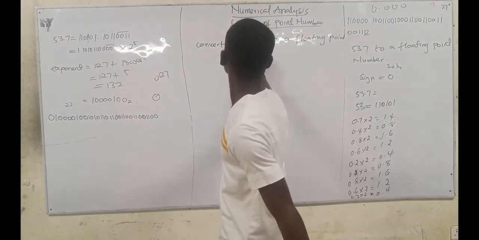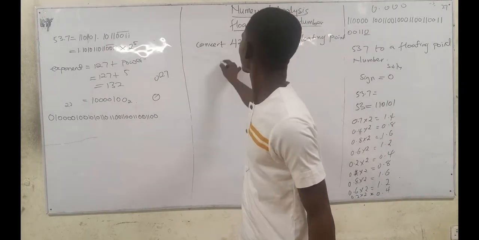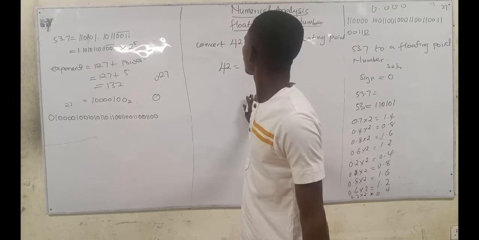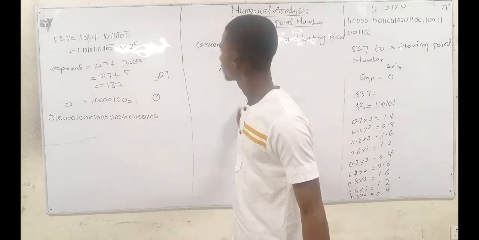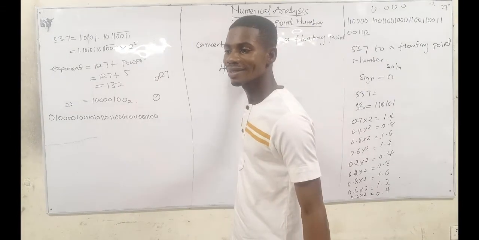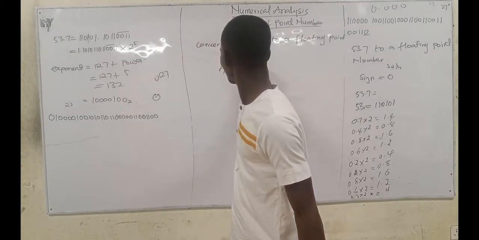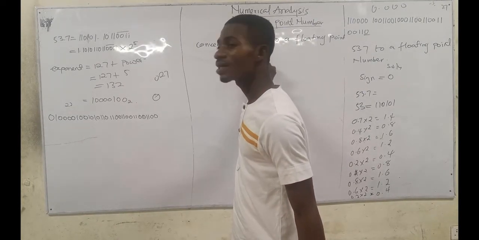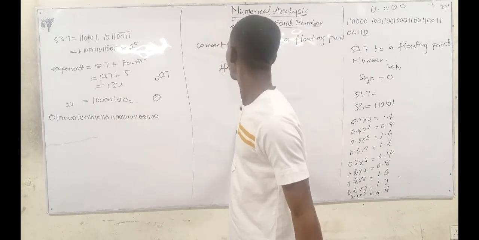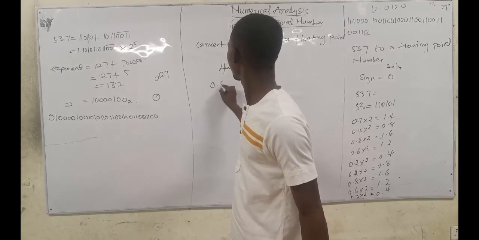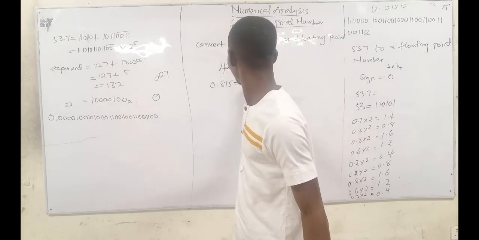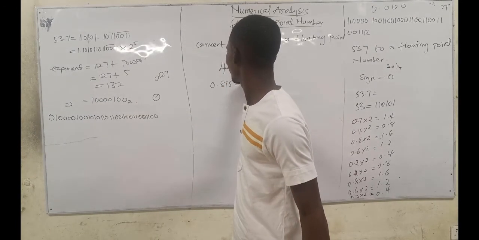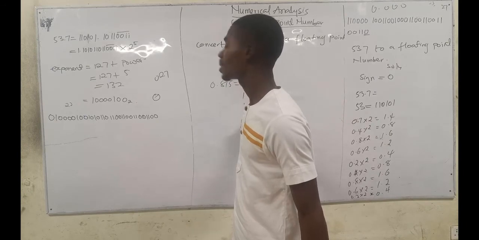Please, are you done? 42, what did you get? You get 75.